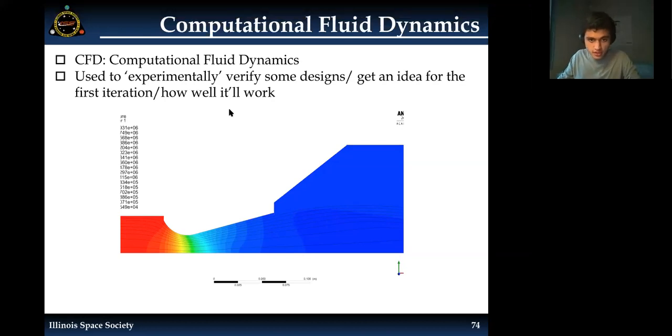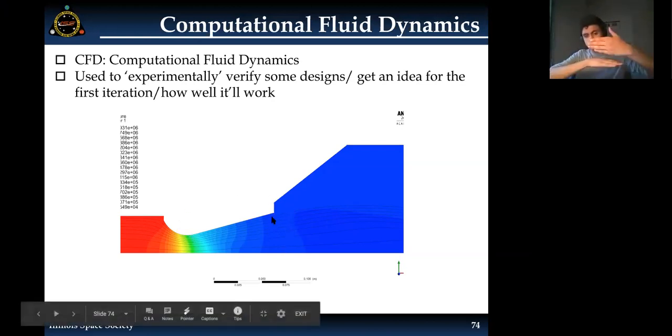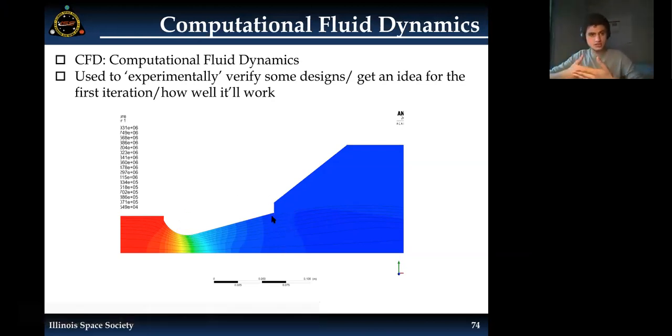Over here, if you can see, we model the geometry of the nozzle. So here is the actual shape of the nozzle. This is supposed to be the nozzle wall. And this is a symmetrical cross section of the nozzle.